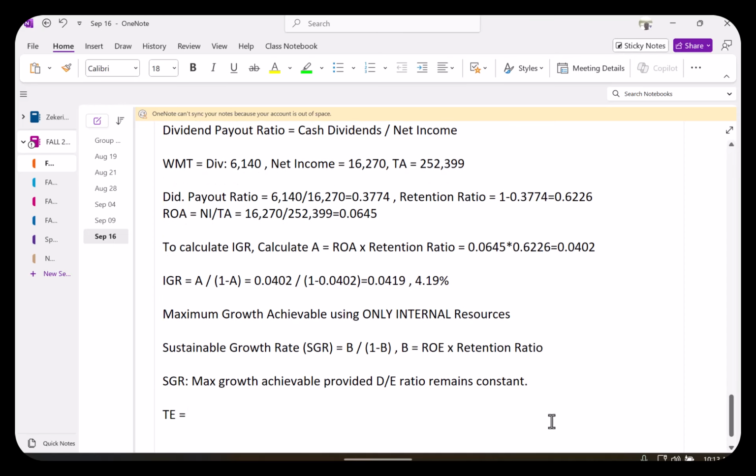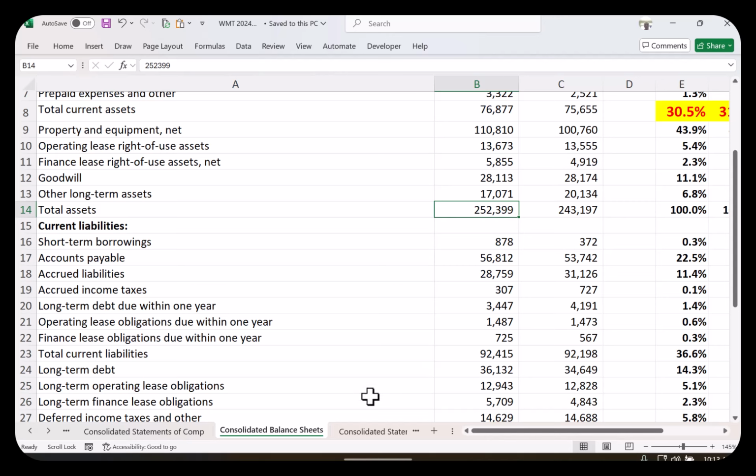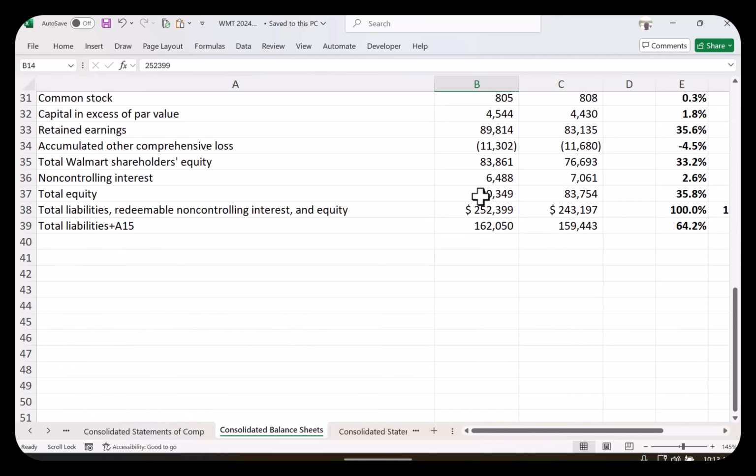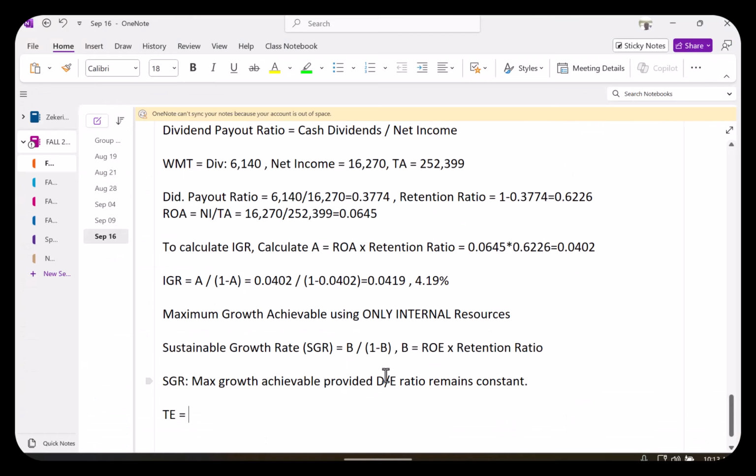Let's get the total equity for Walmart: 9349.